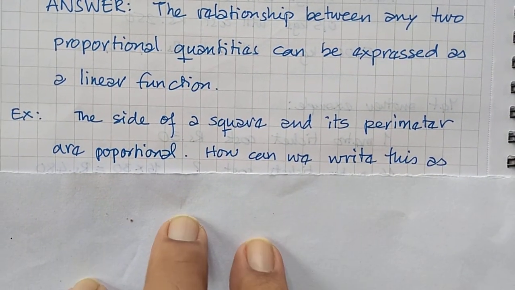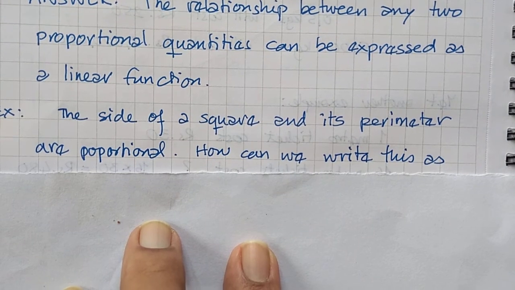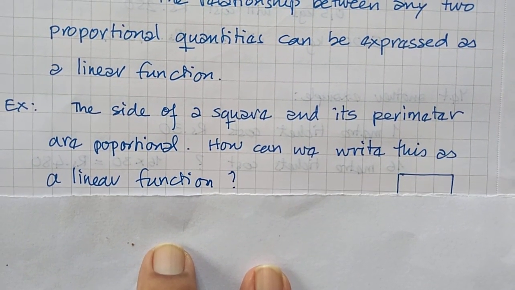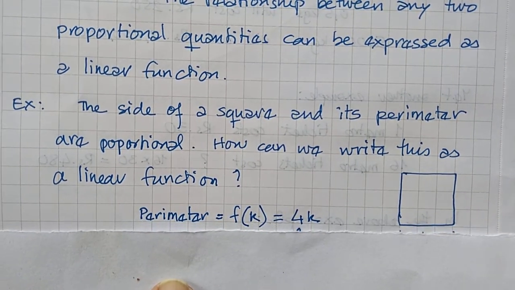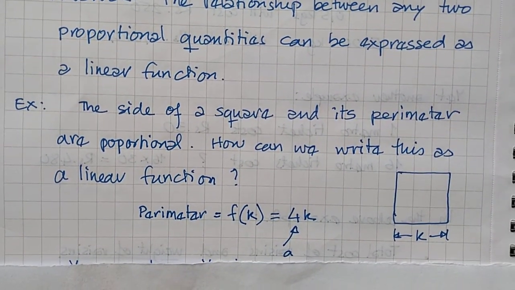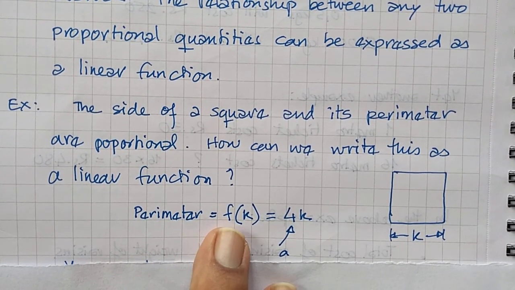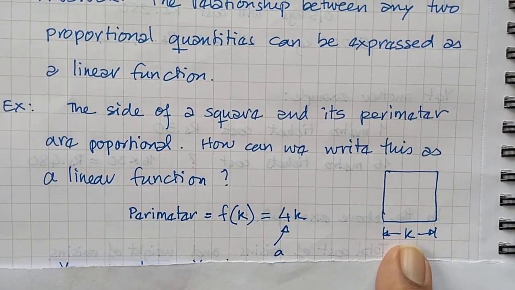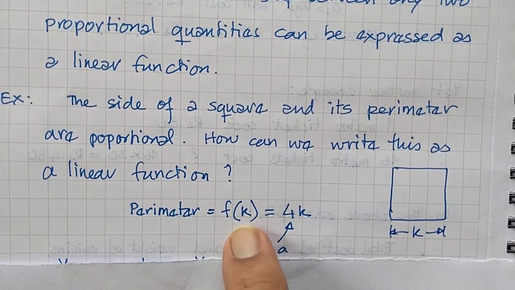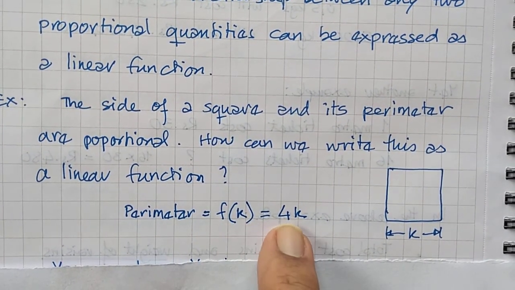So the side of a square and its perimeter are proportional. How can we write this as a linear function? So let's define it. We can do this, right? So perimeter is equal to a function of k, where k is the length of the side of the square, and so you'll get perimeter is equal to 4k.